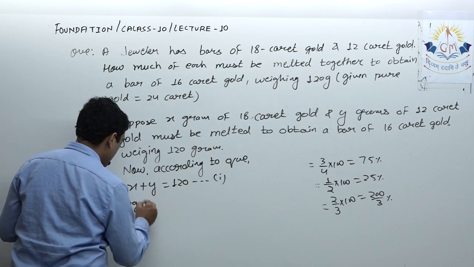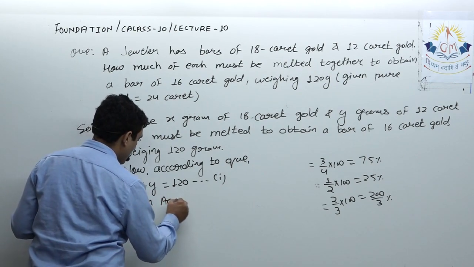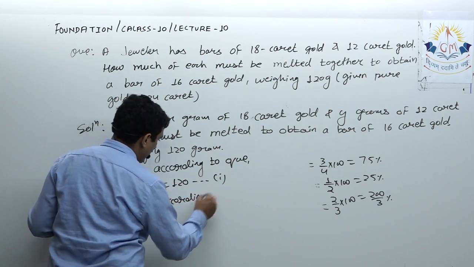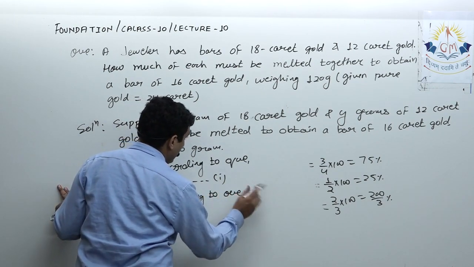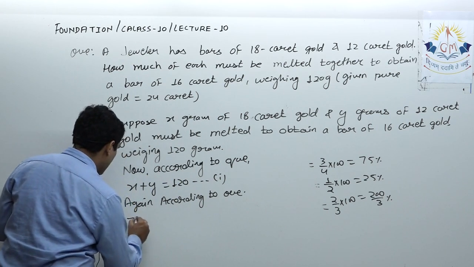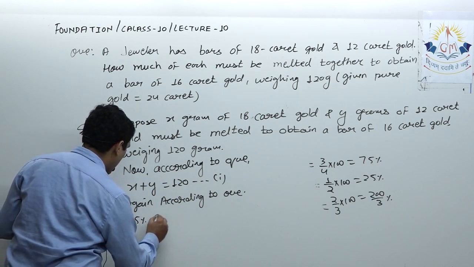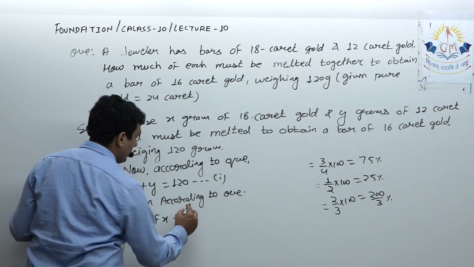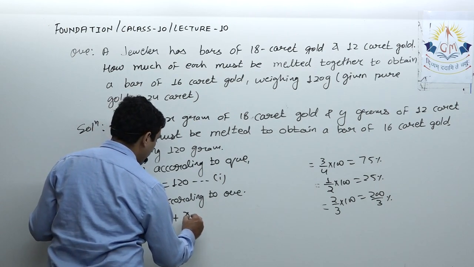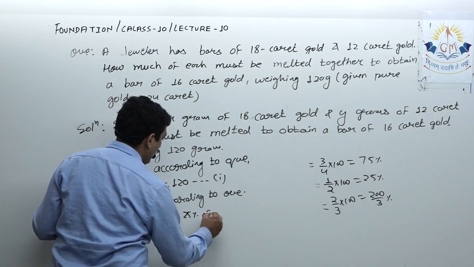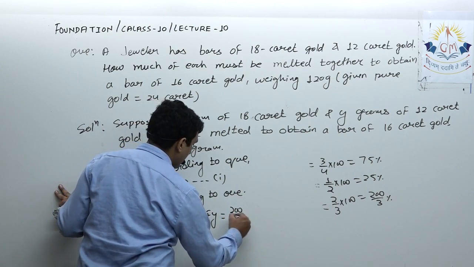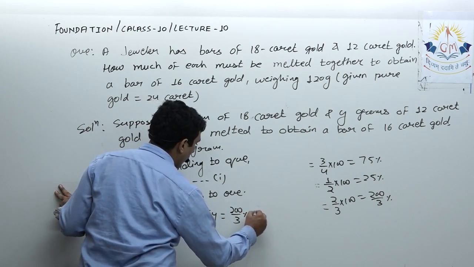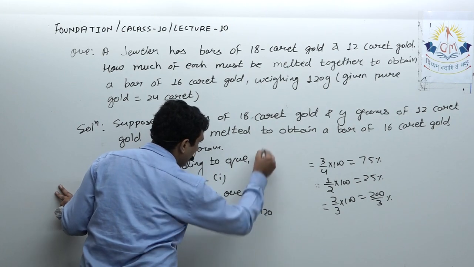Again, according to the question, I can write 75% of X plus 25% of Y is equal to 200 by 3% of 120.